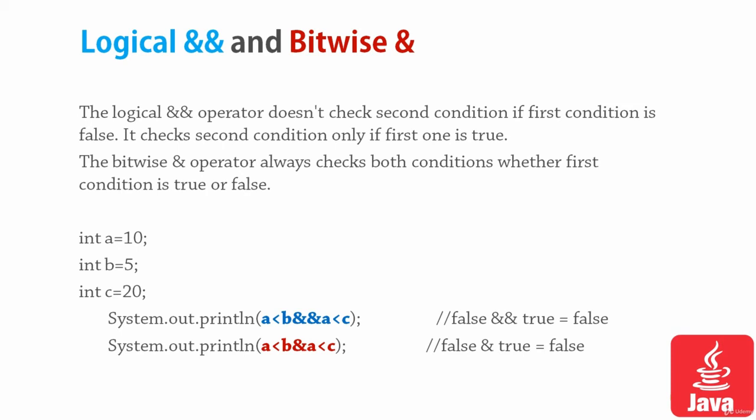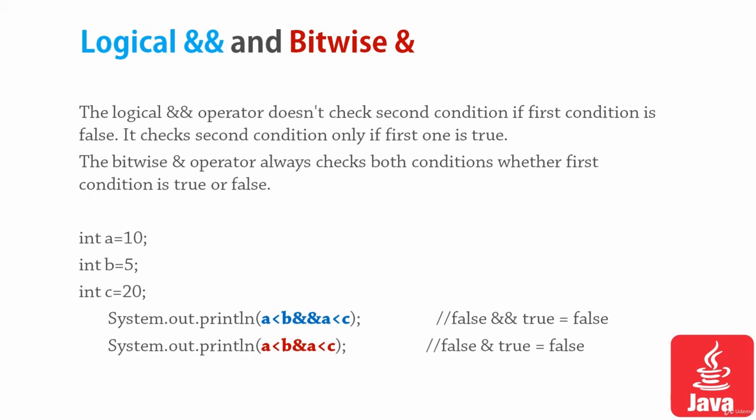Here we check A is smaller than B, and the logical AND, A is smaller than C. It will check if A is smaller than B. It is not true, false, because 10 is not smaller than 5. So it will return false, and the later condition is true. So it will return false because both conditions are not true.